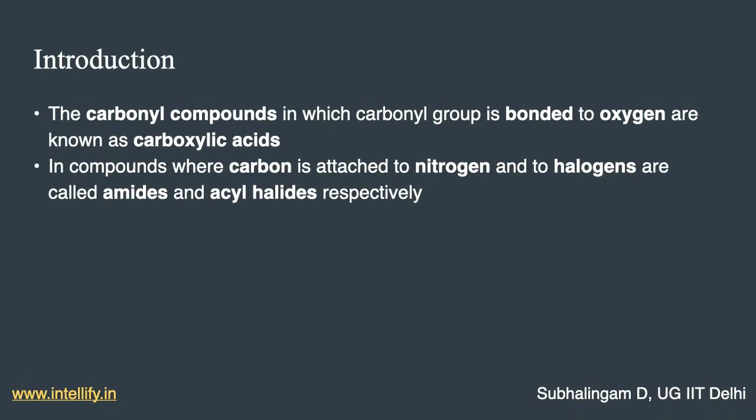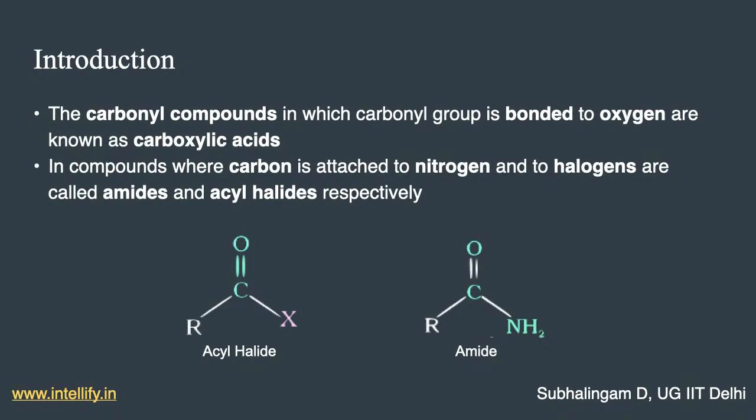Here, carbon means the carbon belonging to the carbonyl group, that is C=O. The one on the left is an acyl halide and the one on the right is an amide, RCOX and RCONH2 respectively. Again, carboxylic acids are different from carbonyl compounds. By carbonyl compounds I mean only aldehydes and ketones.